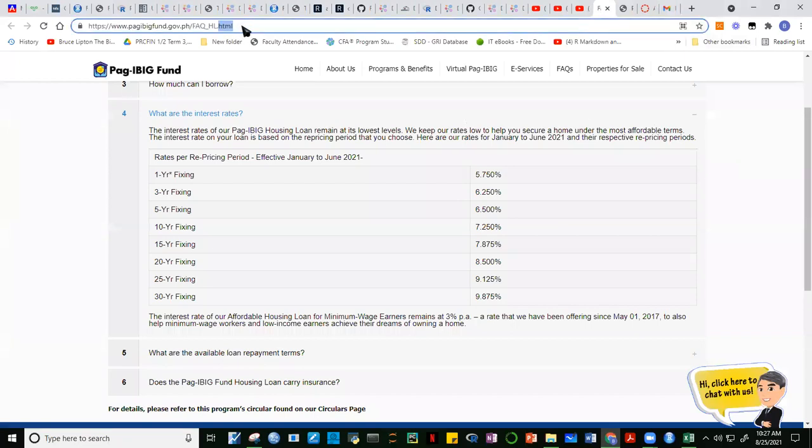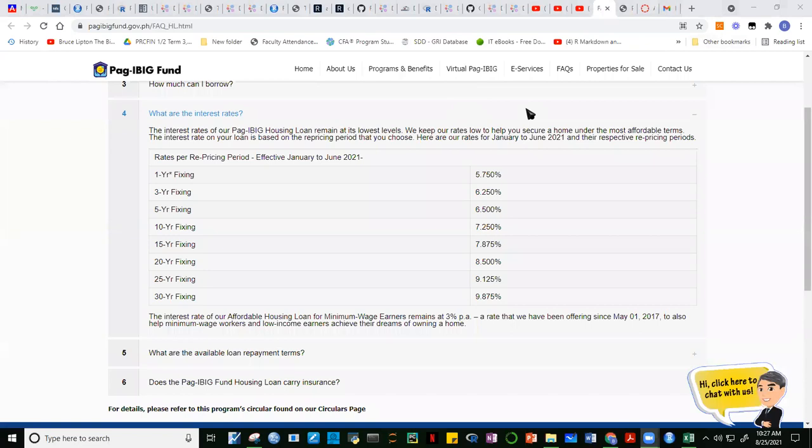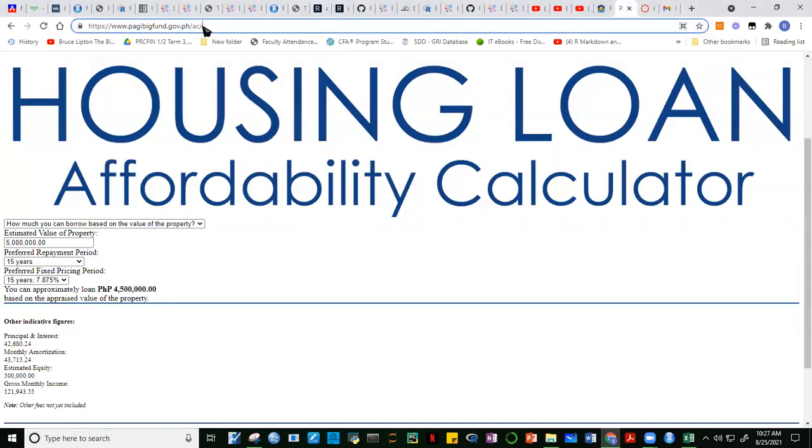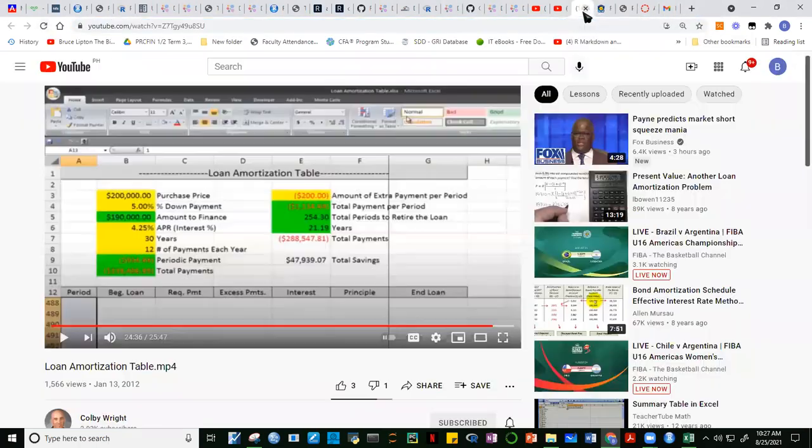I want you to i-share ko sa chat box natin, Control C. So I'm referring to this sites of Pag-ibig. Kasi ang gagamitin natin, guys, sa amortization natin, we'll make it practical, no? Practical tayo. Ang gagamitin natin yung sa Pag-ibig, yung sa housing loan.